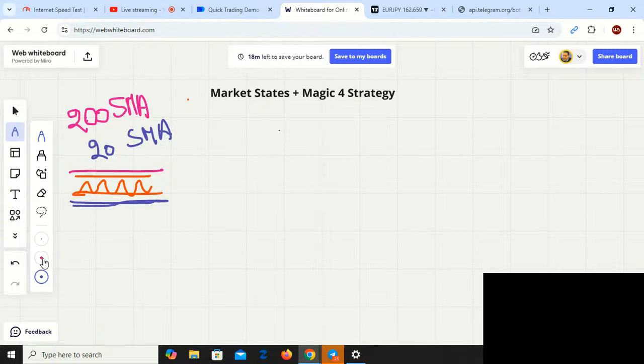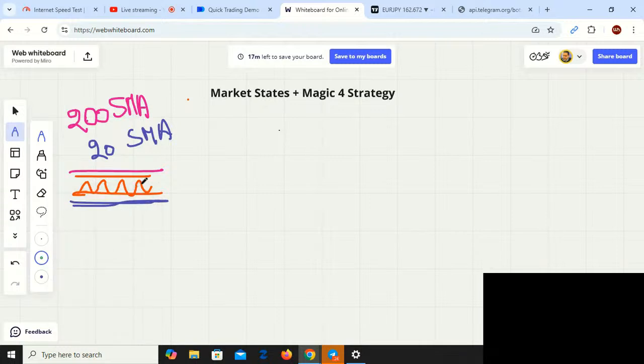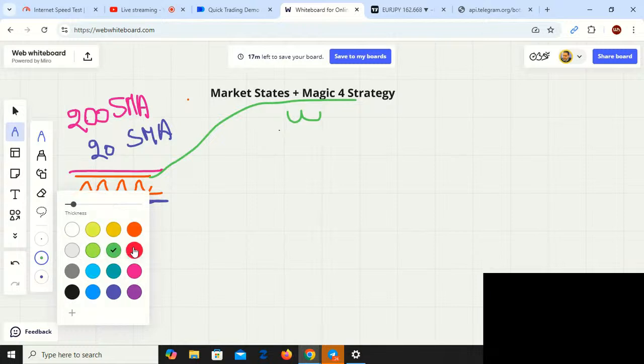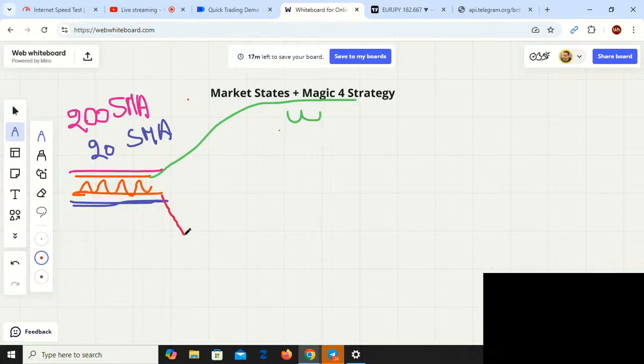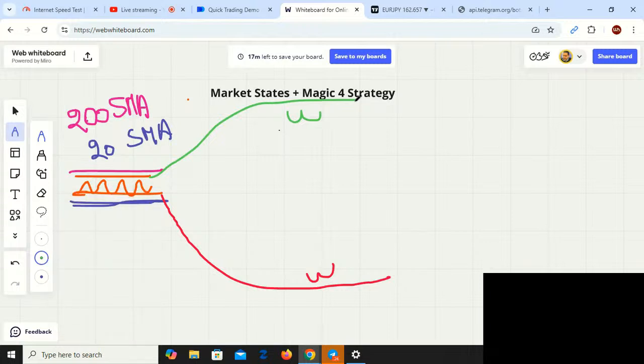Now, let's see how the market can move from this point onwards. From this point, the market has only two choices, either to go up to a wide state to the upside or go down to a wide state to the downside. And from a wide state, the market has only one choice.